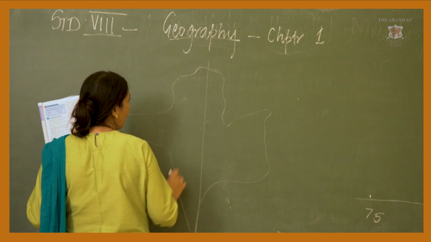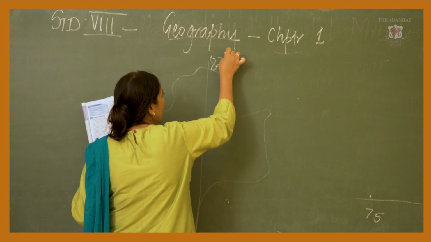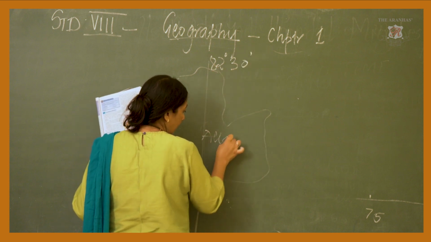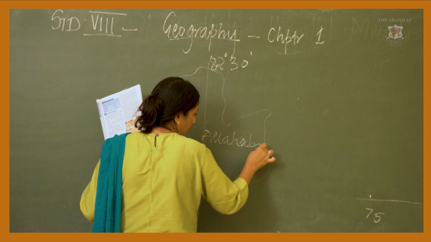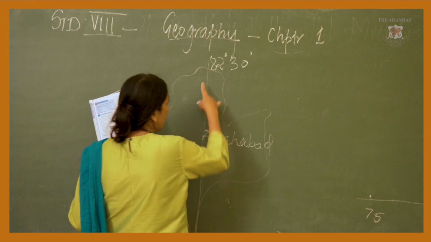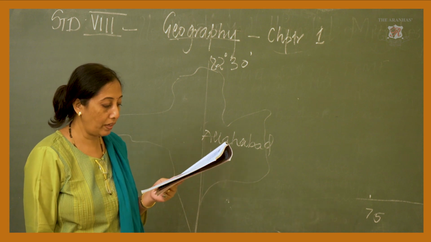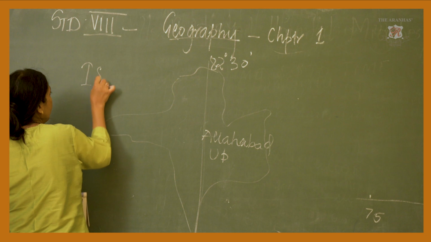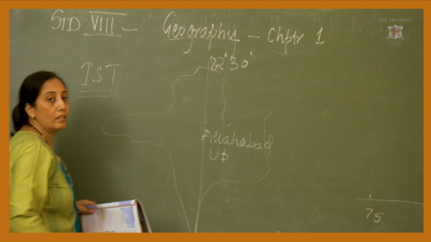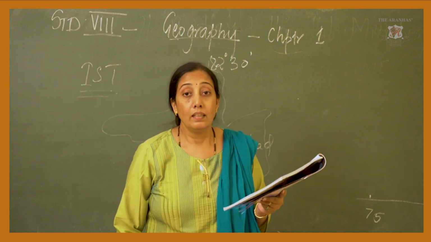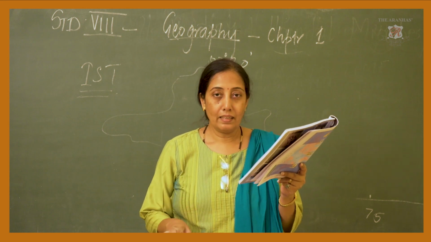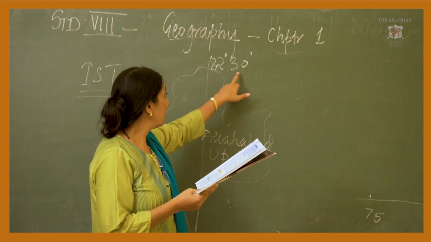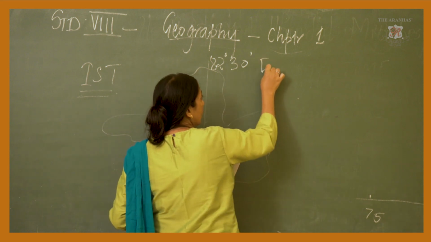The one which is passing through India is 82°30', which is at Allahabad in UP. Fine. Now we'll see the IST. IST refers to the Indian Standard Time. The Indian Standard Time, that is IST, has been decided according to 82°30' east.